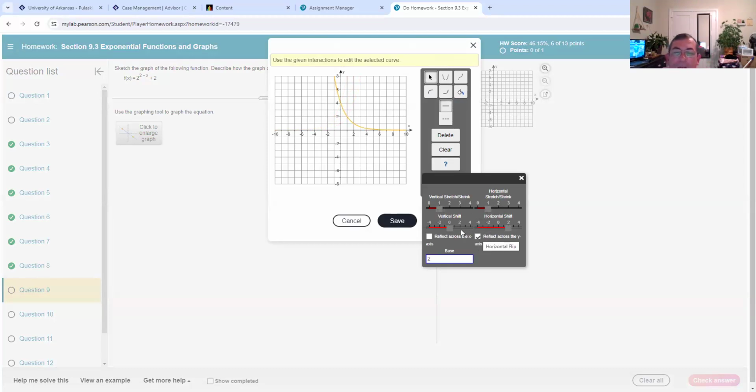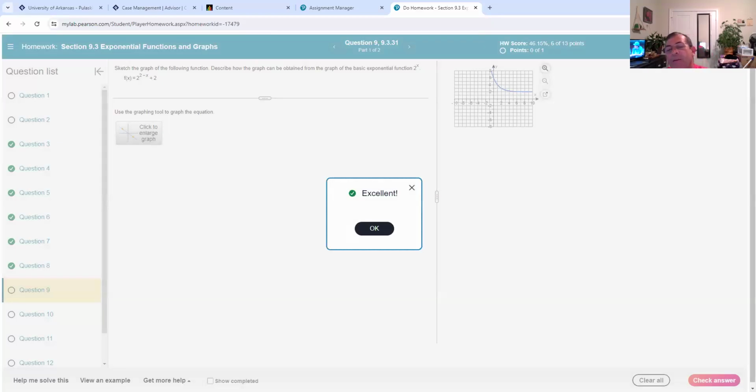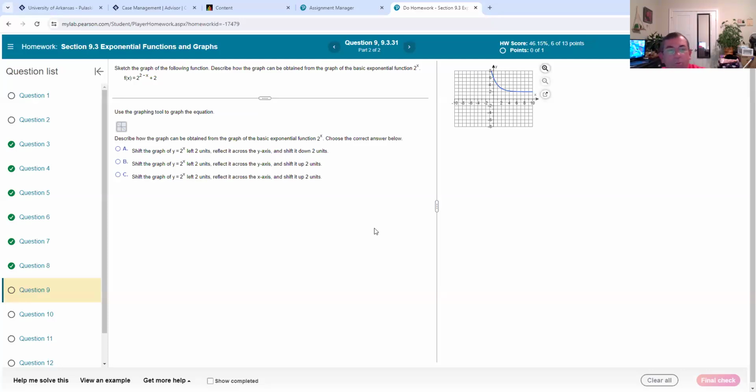And then you said we went up 2, so that would be vertical, up 2. Now the base is a 2, so it's already got my base of 2 in there, so I'm good. It probably saved it from a while ago. So since we've done that, we can actually hit save, check our answer. Then it's going to come in and make us tell it what we did.